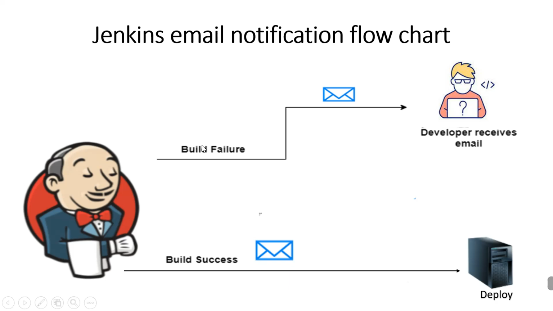The notification will be sent to our developer with the complete logs. Then the developer can find the bug or any issue in their code, fix it, and push it again into the remote repository.